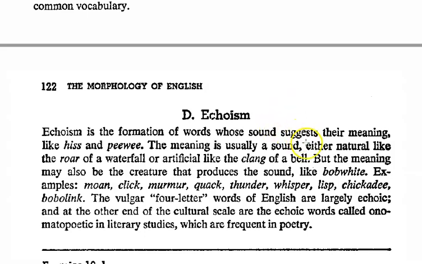Now, from the sound, we created the word click. Another example is ring, ring, ring. From the sound, we created the word. Another example is whisper, whisper. So from the sound of whispering, we created the word whisper.